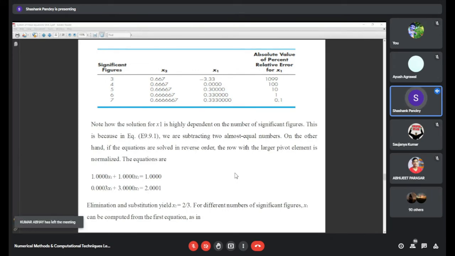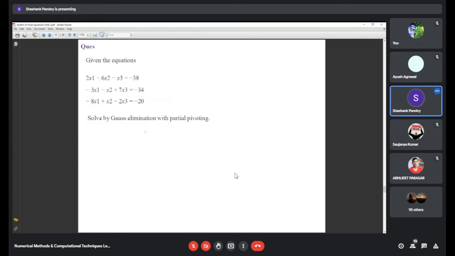We have swapped these two equations, so the equation having the largest coefficient is the one we move into the first position, and then we perform the computation, where we can see that the solution is insensitive to the number of digits.